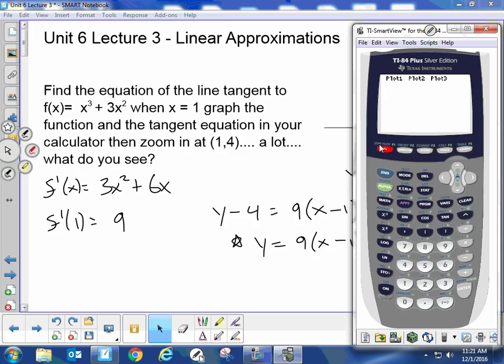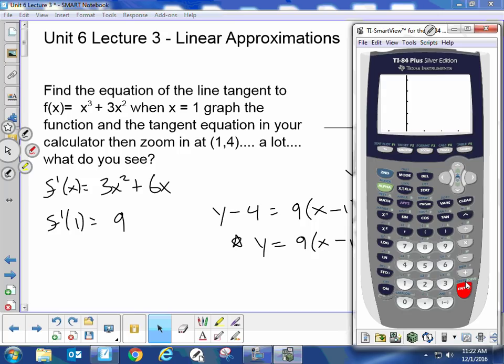And before I zoom in, I'm going to make this bold, just so that I know the difference between the two. Okay? So here's my original, and there's my tangent line. I'm going to zoom in around, graph, trace, 1, enter, zoom in.